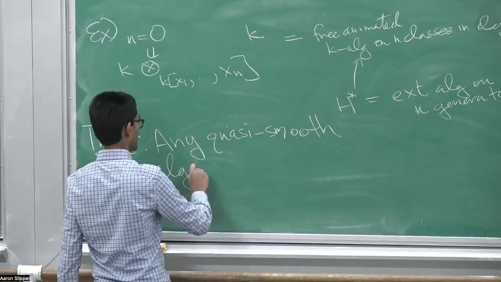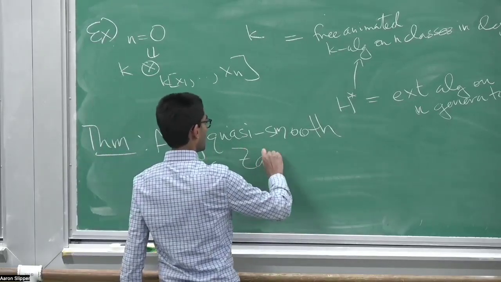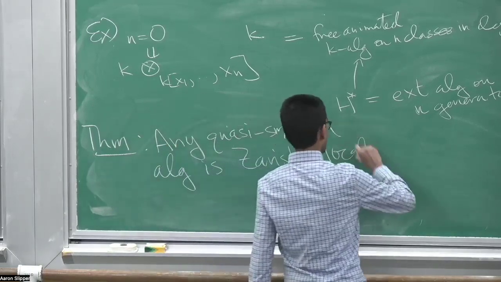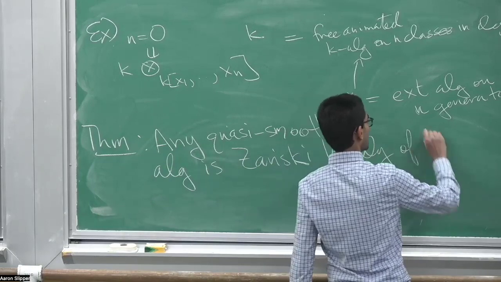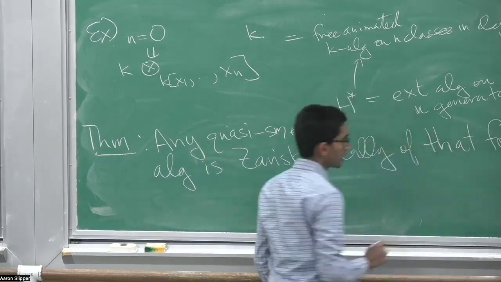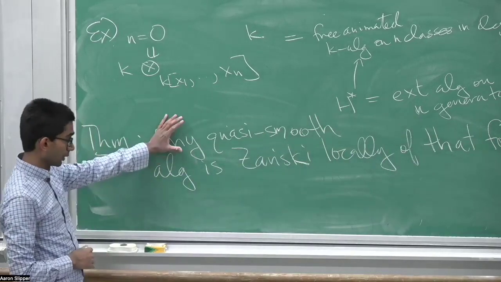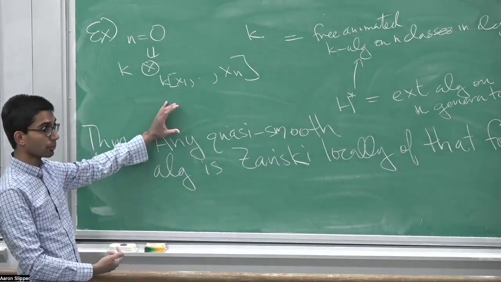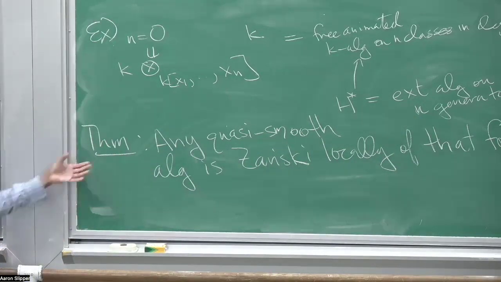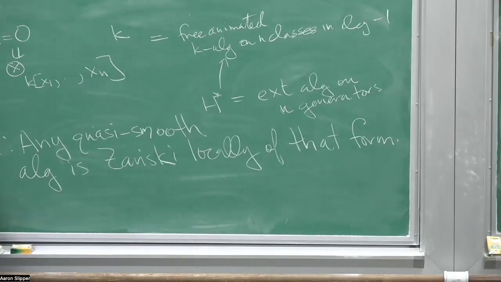This is a bit like how any smooth scheme is locally affine. So geometrically, you have a map of smooth schemes, and then you take the fiber in the derived sense over a point.